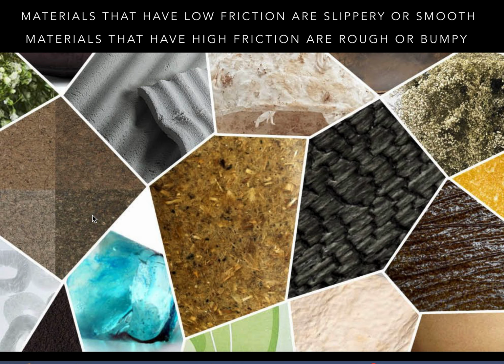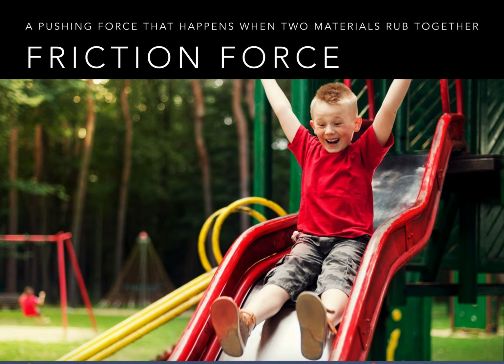Okay, the materials that are smoother, like the metal slide, that is going to have a low friction. Materials that are bumpier, like rust or wood, sandpaper, any other materials that you think of that are rough when you touch it, those are going to have high friction. Okay?